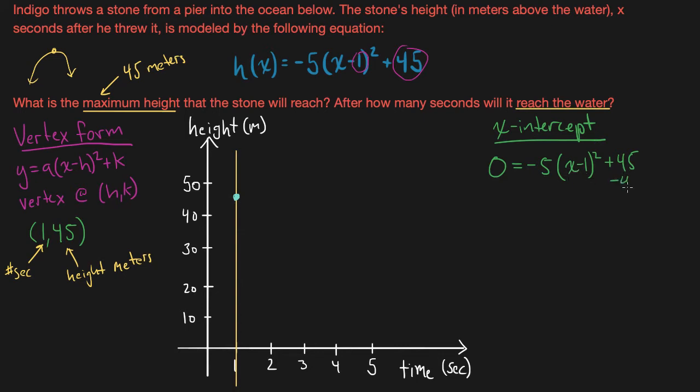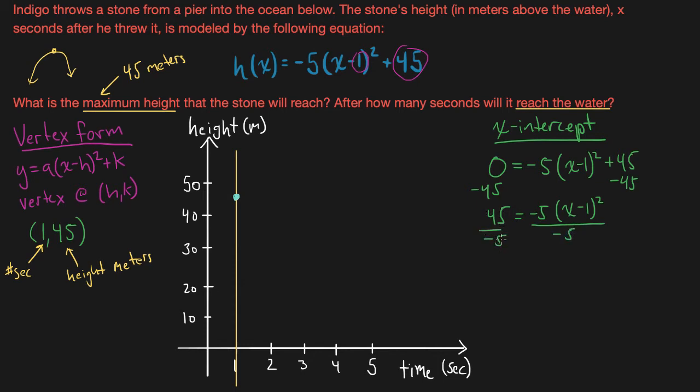If I subtract 45 from both sides, then I will have 45 is equal to -5 times (x - 1) quantity squared. And the next thing that I want to do is divide both sides by -5.